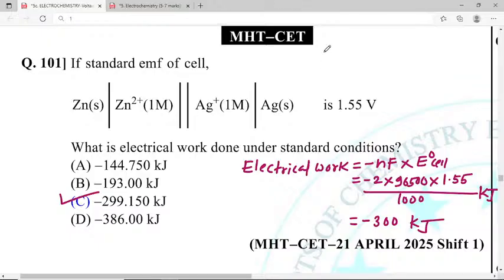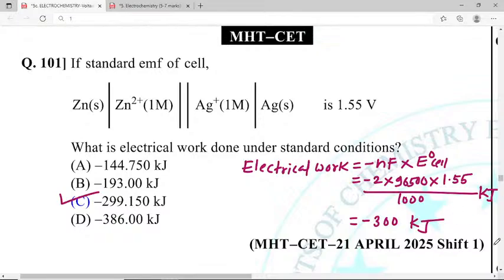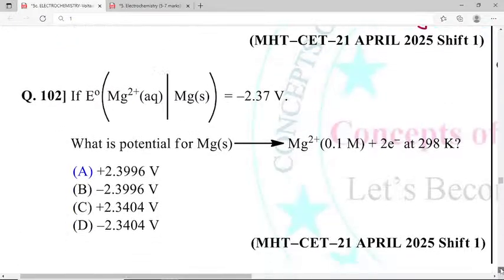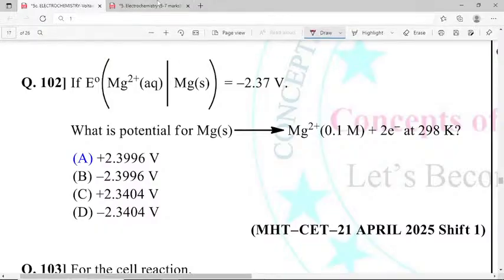Okay, next question. If E naught of magnesium is minus 2.3, what is the potential for magnesium at 0.1? Using the Nernst equation. What is the Nernst equation?